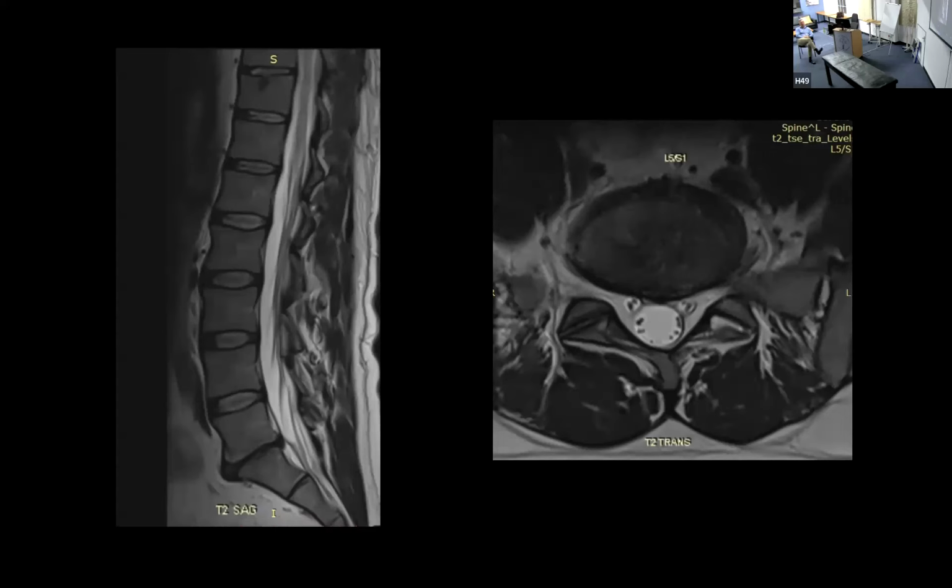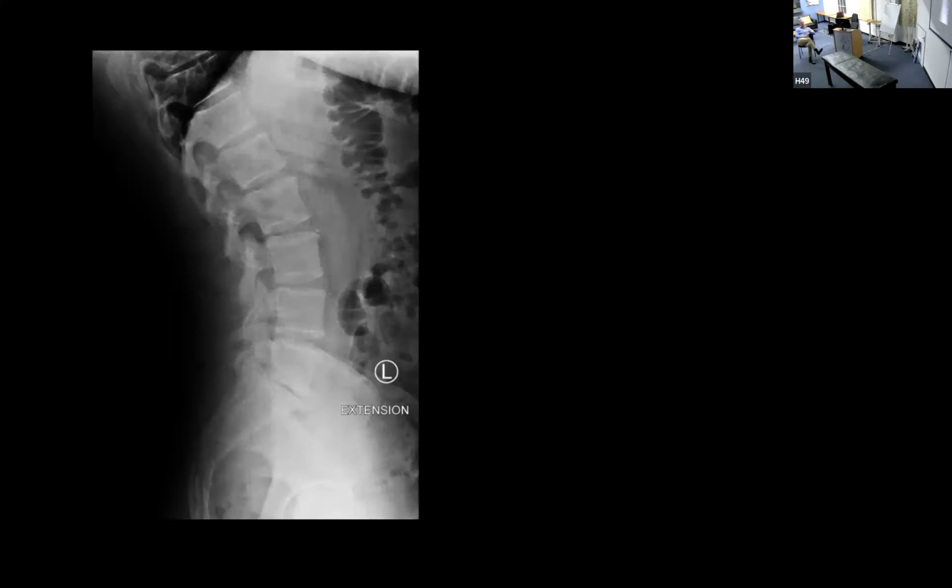Now, what are we going to do, Scott? Well, you've got a degenerative disc. So first of all, what's the broad term of the operation you do? Decompression and fusion. Why decompress? No leg pain. But there's foraminal stenosis. So no leg pain.